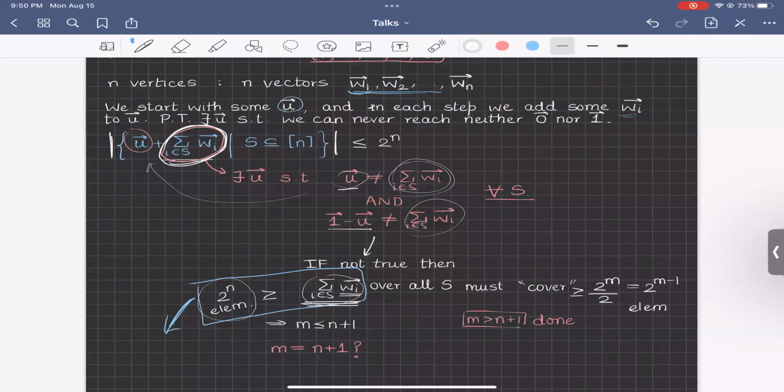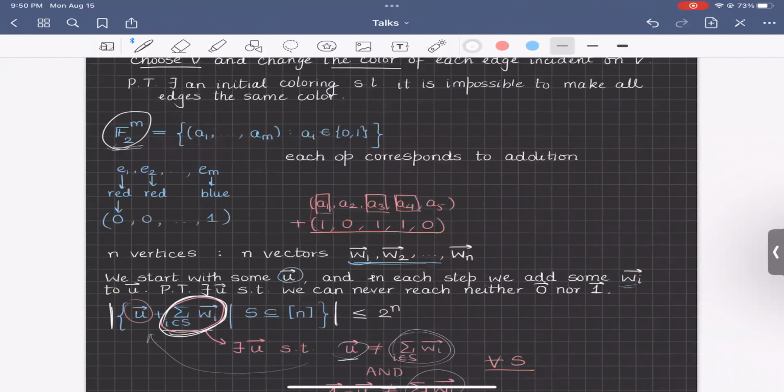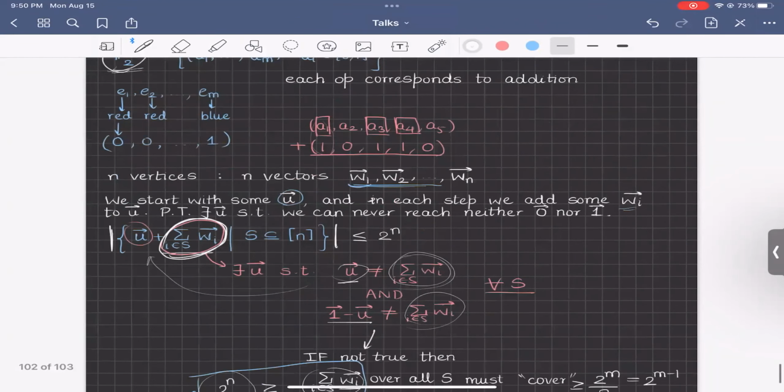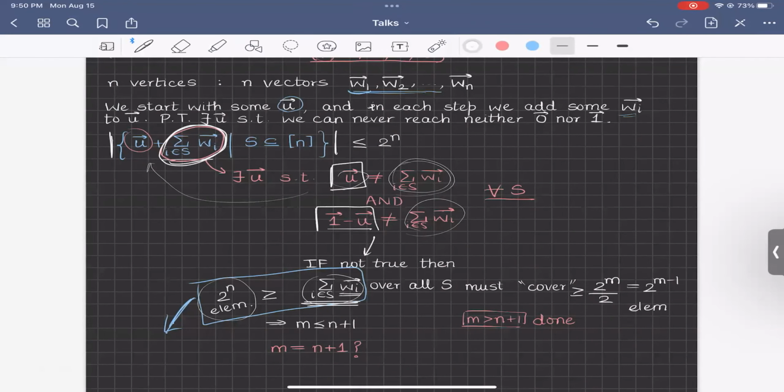Why did we divide by 2? Because it should either contain the complement or u. We can only say that at least one of these should be covered, which is why we divided by 2.